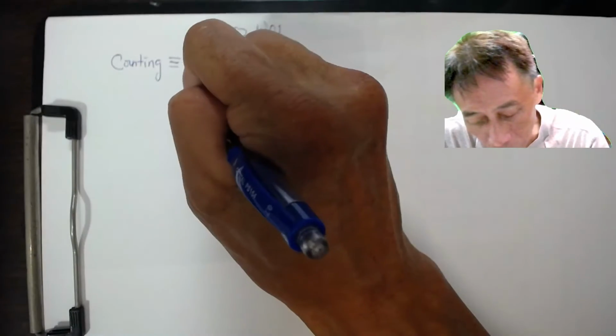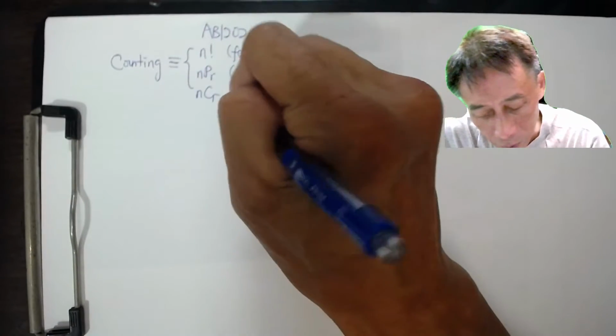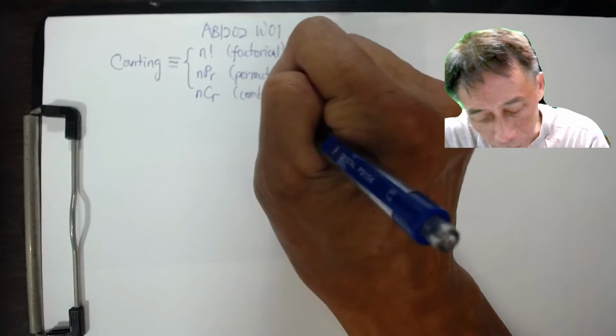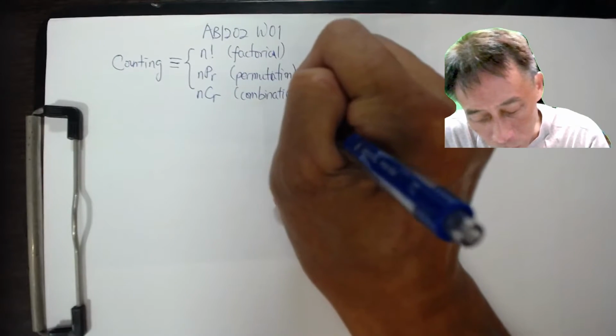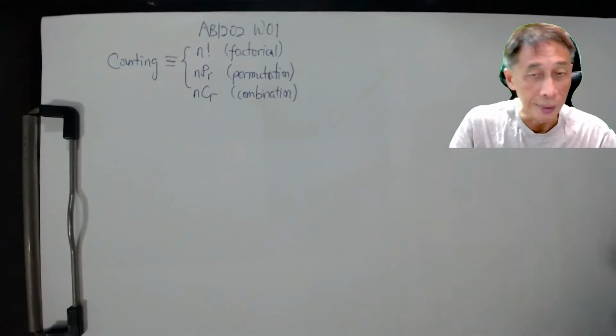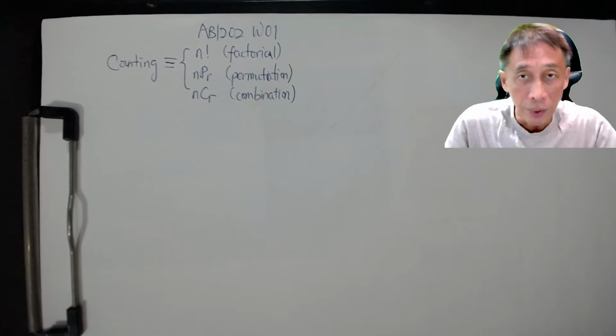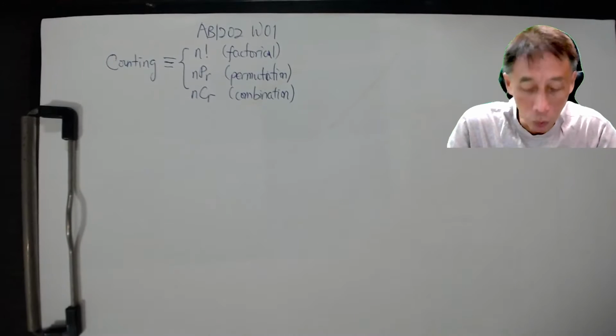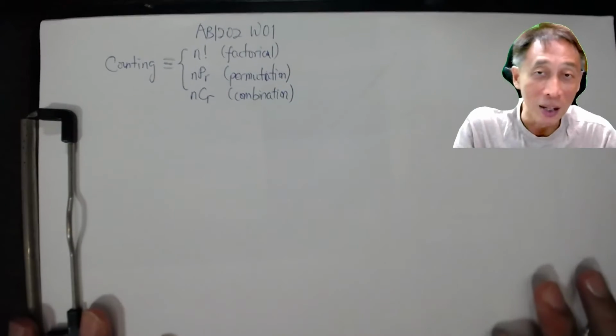And finally, we also have nCr, the combination function. Again, in more scientific calculators, you could also find this symbol somewhere in the keys there, right? So these are very useful formulas. That's it, just 3 of them, and that's good enough.